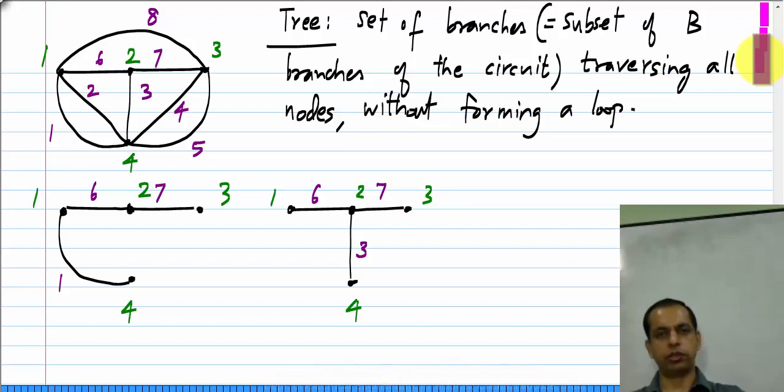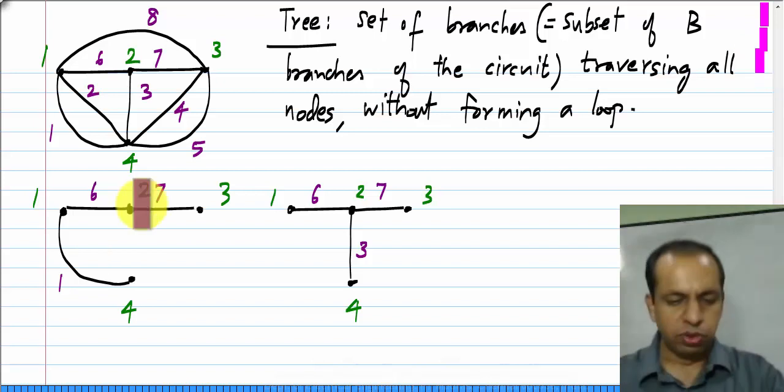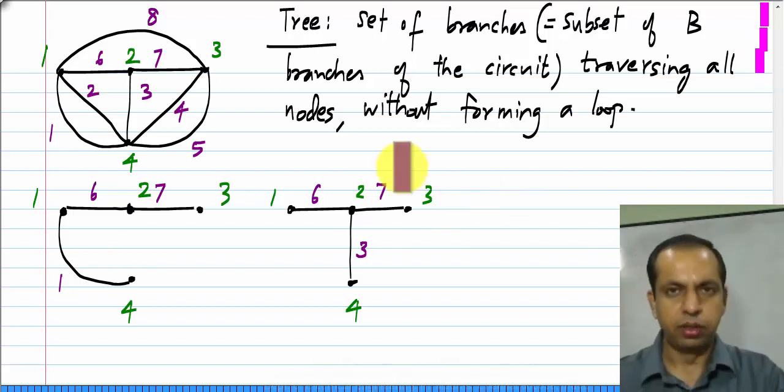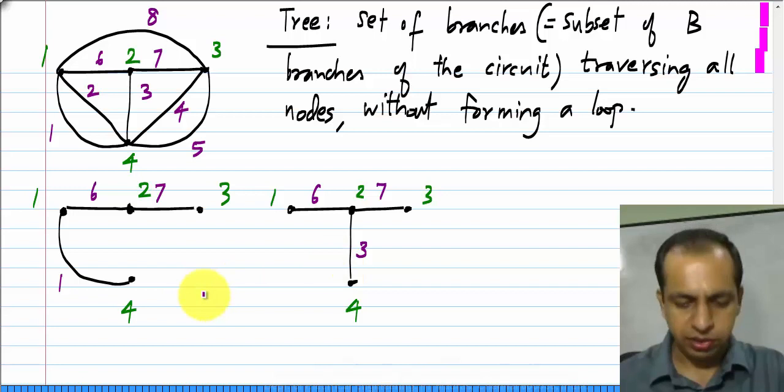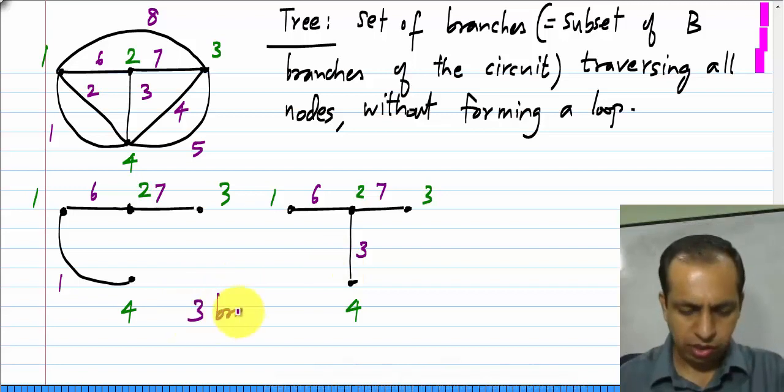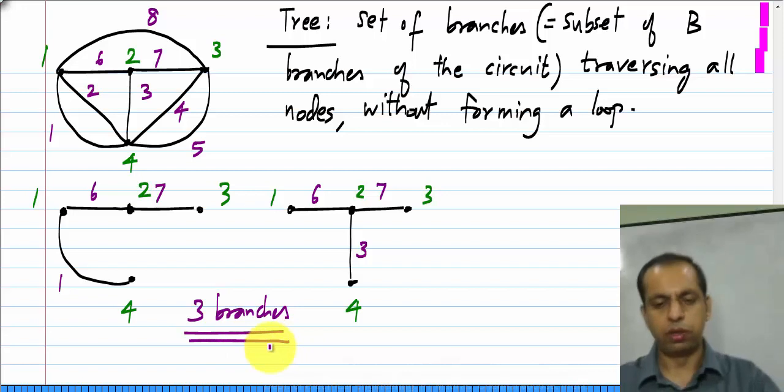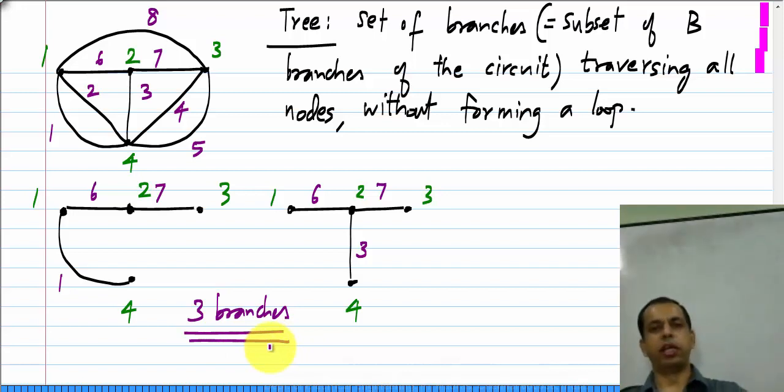So, this is also a tree and you can form many others. Now, one thing you notice is that both of these trees have 3 branches. You can make any number of trees from this circuit, and you will find that all of them will have 3 branches. Now, is this a coincidence?